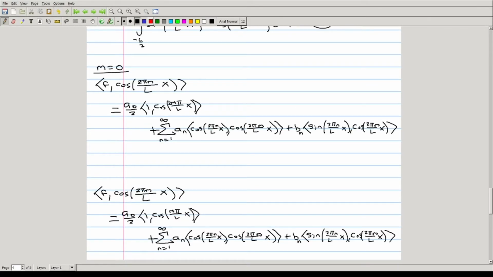So if you look at each one of the integrals here, when m is equal to 0, the inner product of sine with 1 and the inner product of cosine with 1 are 0, and the only integral that will be non-zero will be this integral right here, which goes to L.